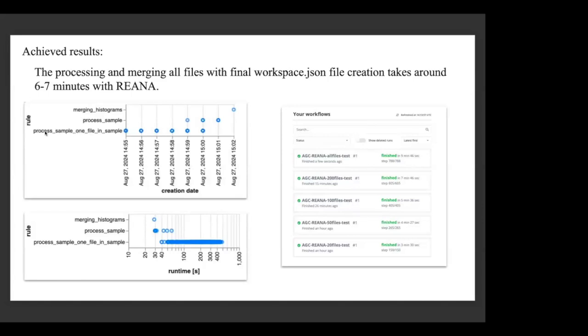Here we basically have one rule which repeats 700 times and executes in parallel, more or less at the same time. Then we have the process which merges per sample, and then the final merging process.